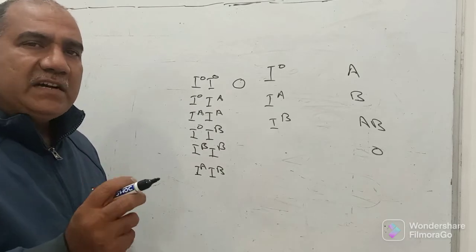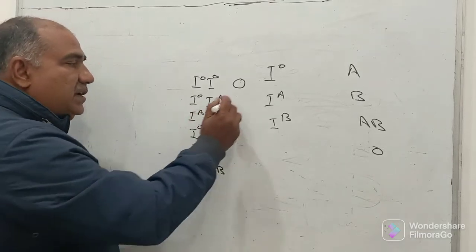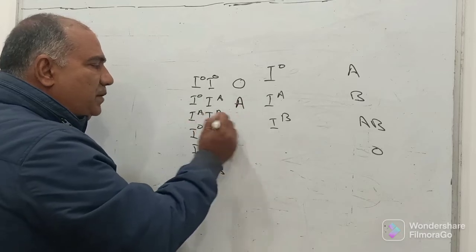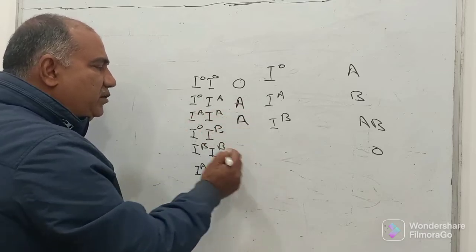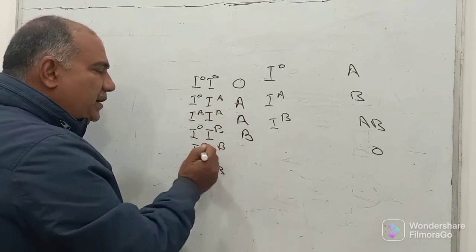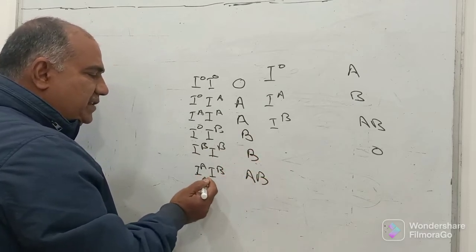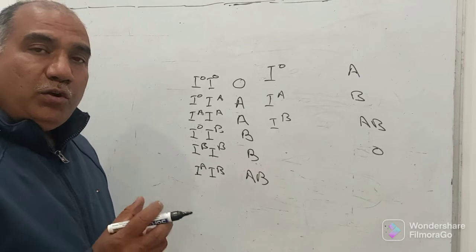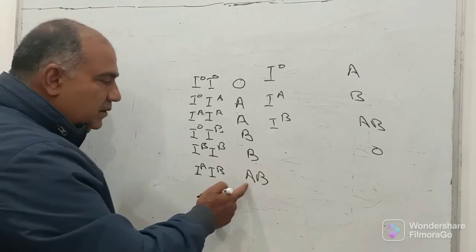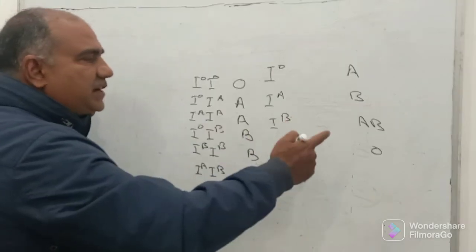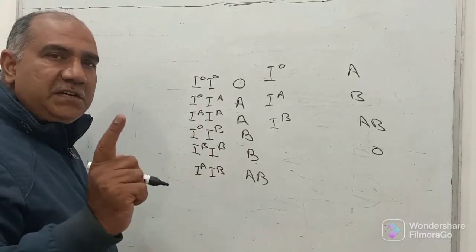So whenever IA or IB occurs with IO, it will be A or B blood group respectively. Here undoubtedly A blood group. Here the blood group will be B. Here again it will be B, and here it will be AB, because IA and IB are co-dominating. So blood group AB.